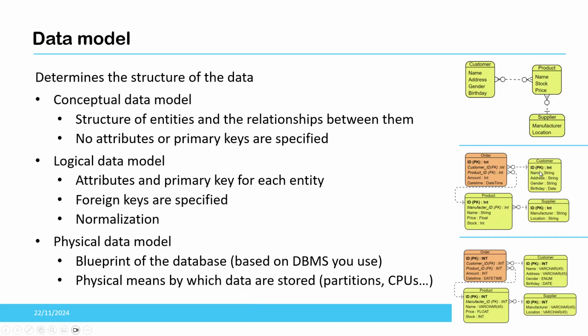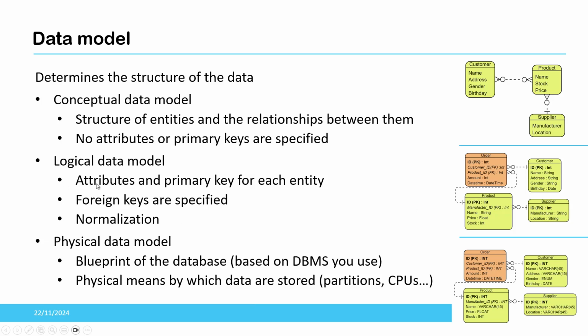A customer with ID 5, we will not have another customer with ID 5. If we know it's 5, then we know it's this person. And this is where also the normalization step comes in to determine how this all comes together. That we do through normalization, which is also a concept that will be explained later.